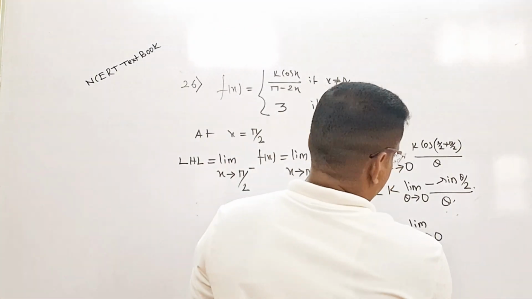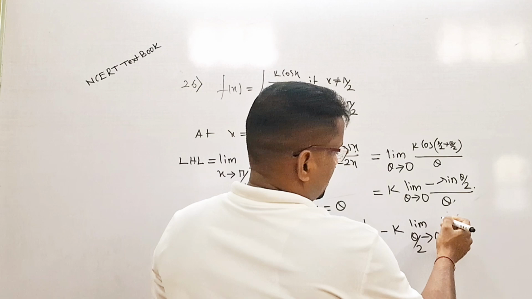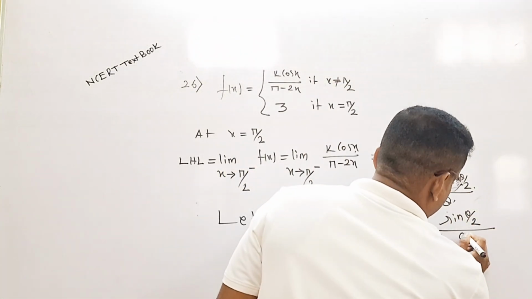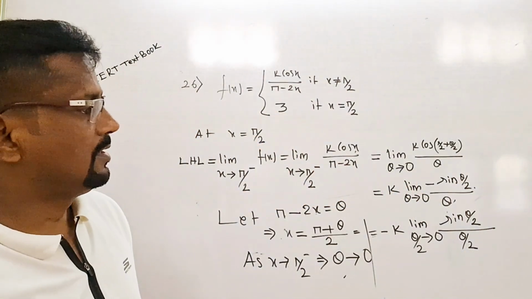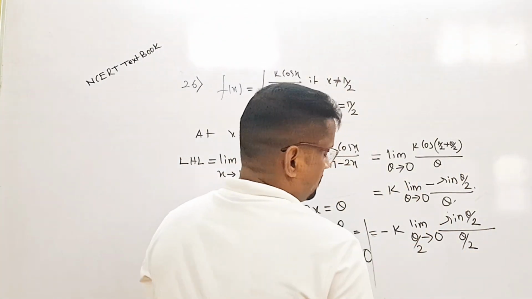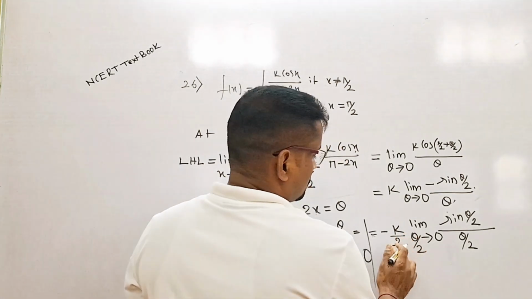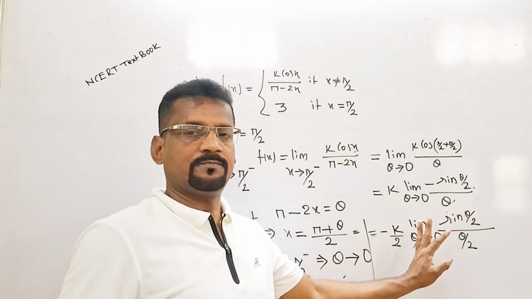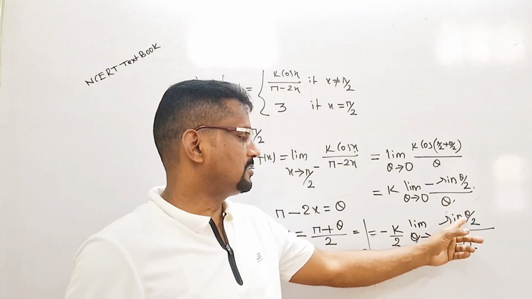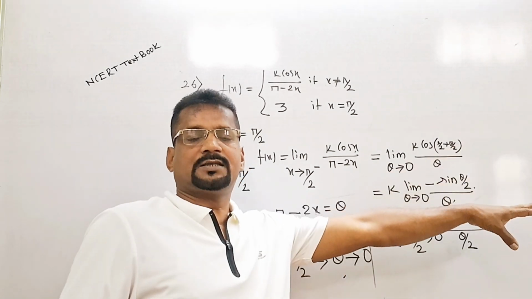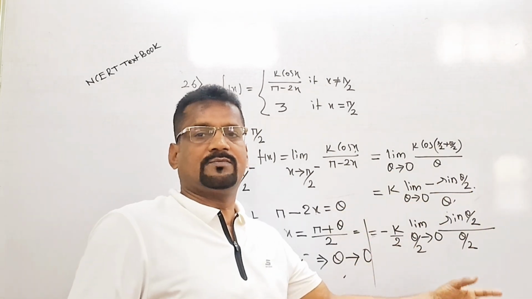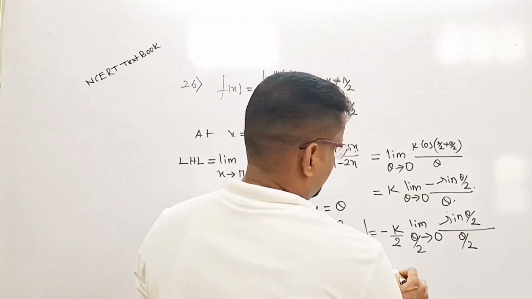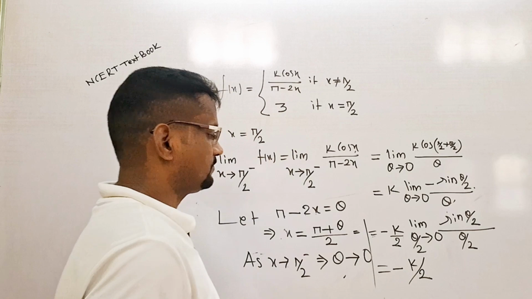Now what I will do here, minus k outside, then sine of theta by 2 divided by theta by 2. In order to balance it, you have to give here 2. That means when 2 and 2 cancel out, it will remain the same. That's why here minus k by 2, and just to give the format of limit x tends to 0, sin x by x, in that form we have written this. Now this value is what? 1. So simply the limit is minus k by 2.